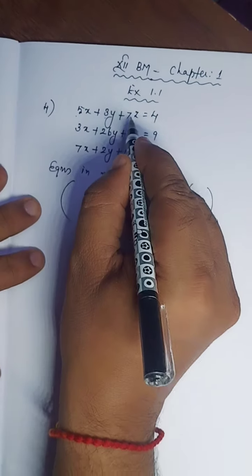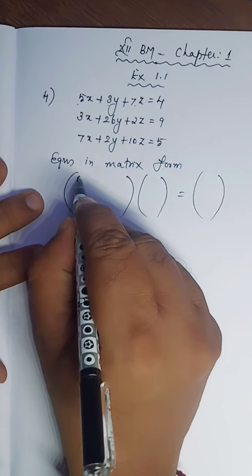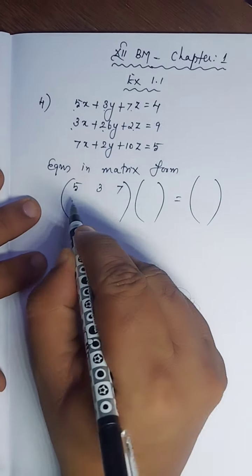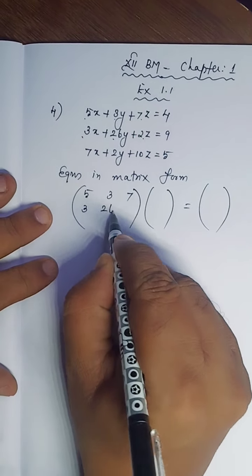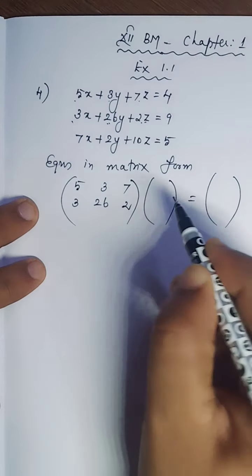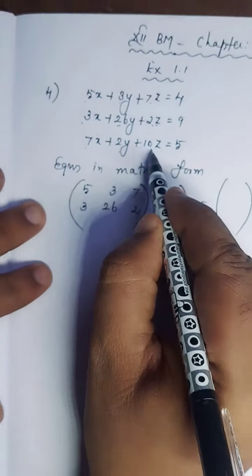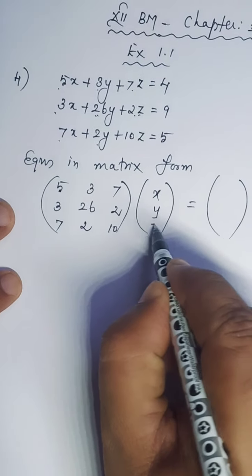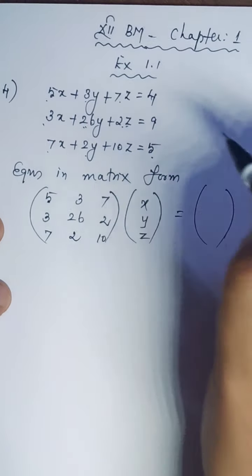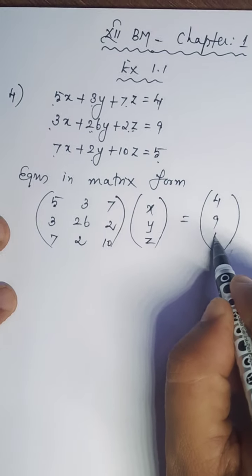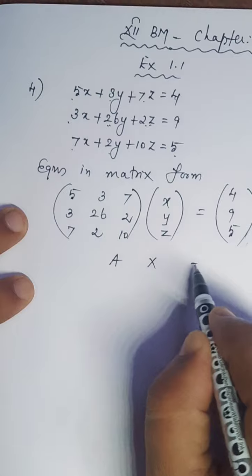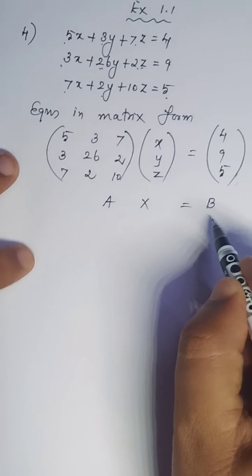The coefficients of x, y, z: first row 5, 3, 7; second row 3, 26, 2; third row 7, 2, 10. Here x, y, z, and 4, 9, 5 on the right hand side. Consider the first matrix as A, the column matrix as X, and the right hand side matrix as B.